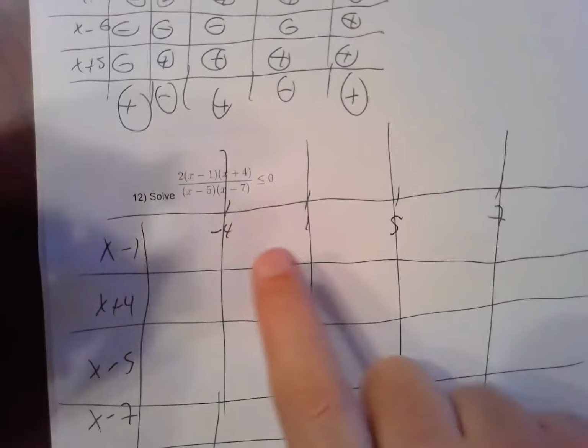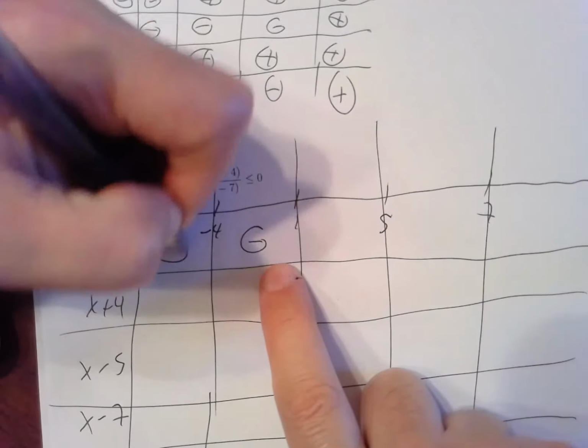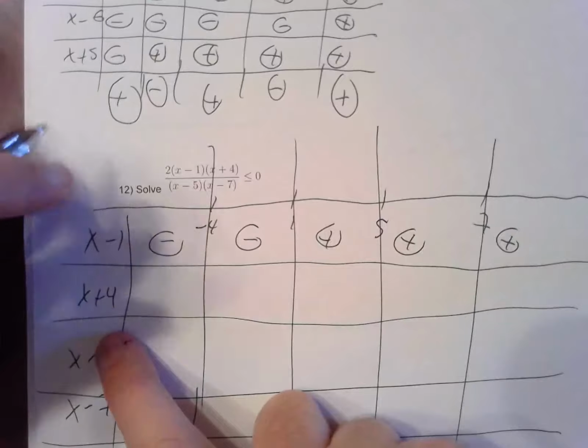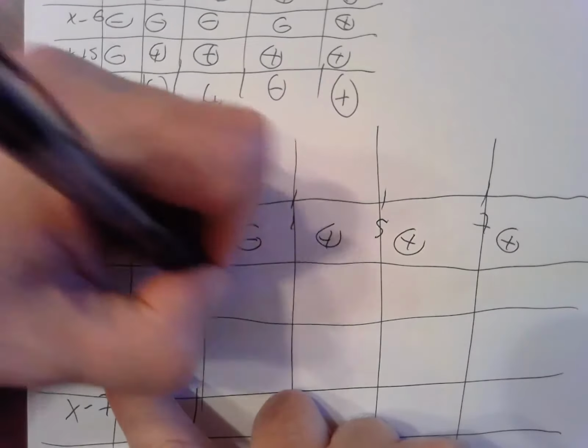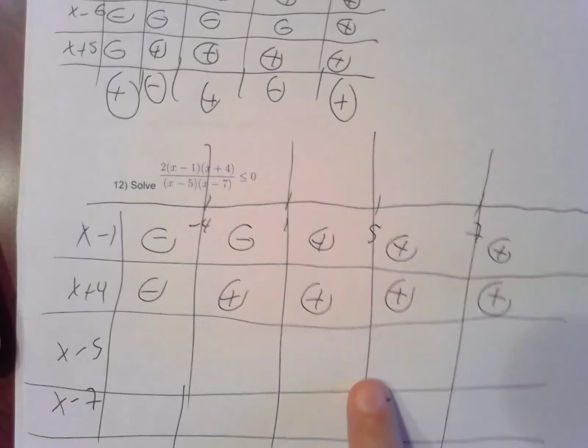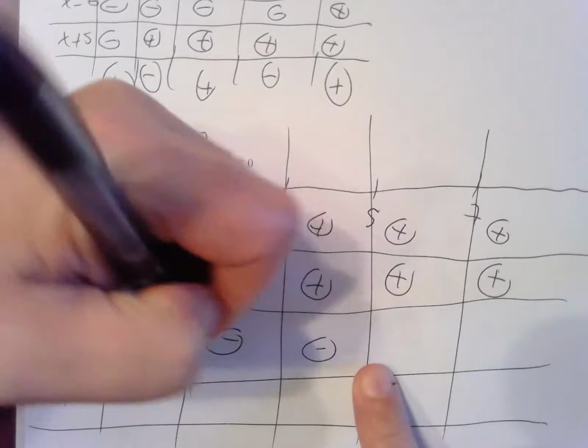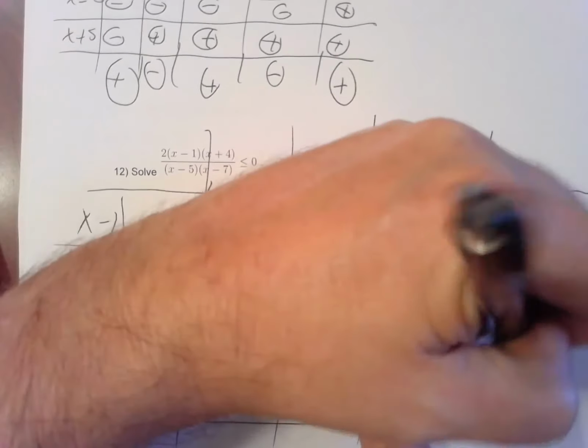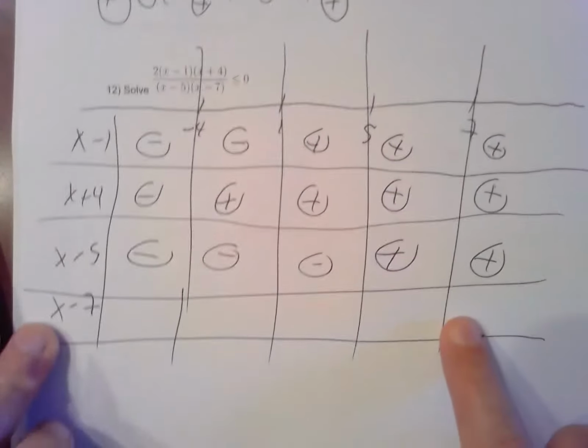Okay, this guy switches at 1. He's negative below, positive above. Switches at negative 4, negative and then positive. Switches at 5 over here. Negative below, positive above. Switches at 7.